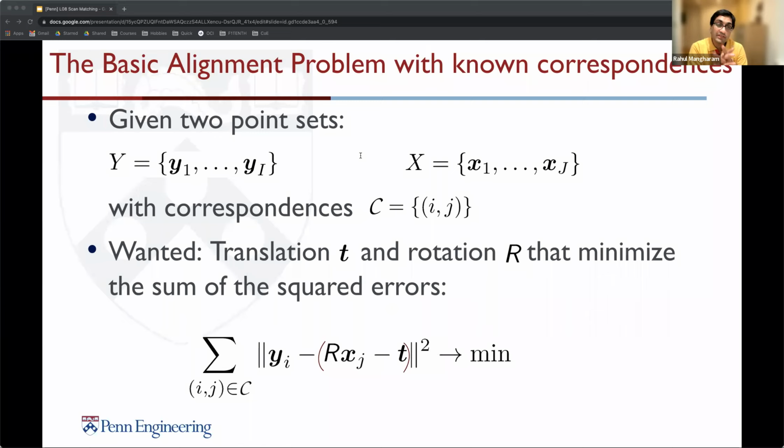We have a sum over the corresponding points, where we take the location of the point y_i in point cloud y and subtract from it the location of the point x_i transformed into the reference frame of point cloud y, squared. That's the term that I want to minimize. If I can minimize this expression, I have found the optimal rotation matrix and the optimal translation vector that aligns these 2 point clouds.